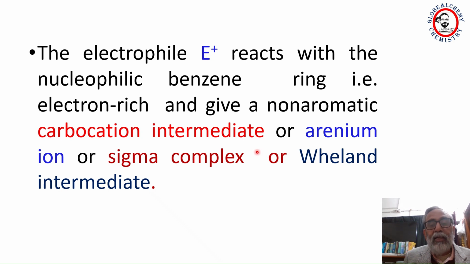Because benzene is aromatic and the carbocation is non-aromatic here, this carbocation intermediate is known as arenium sigma complex or Wheland intermediate.